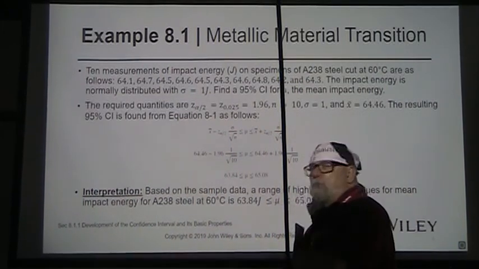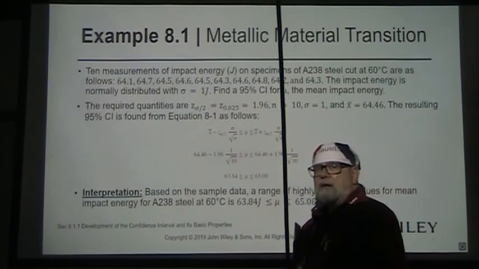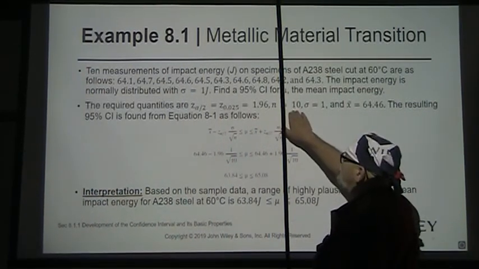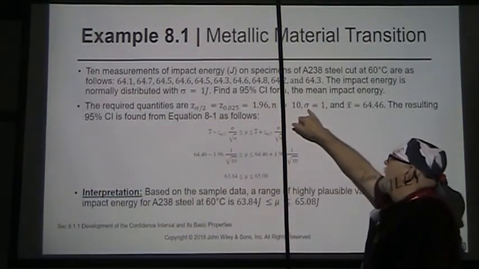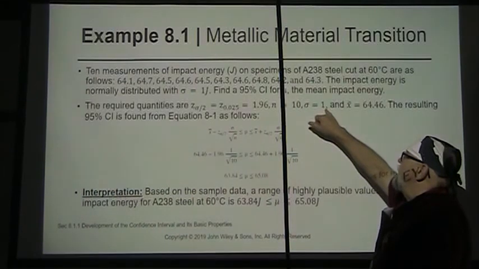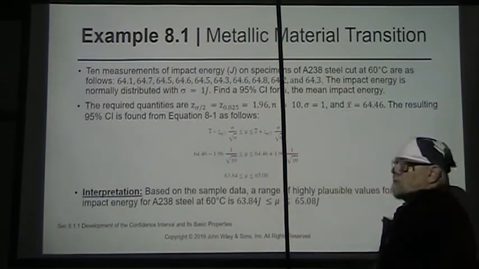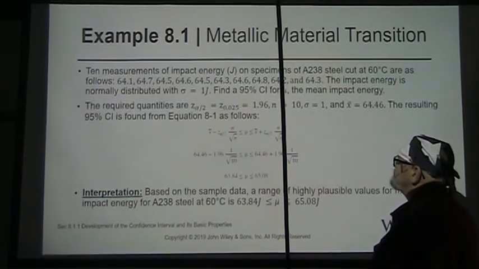If you don't believe them, you can feel free to go through and work that in the manner that I showed you. N equals 10 measurements. Standard deviation equals 1, and x bar equals 64.64. I've already calculated that. Yes, it's right.